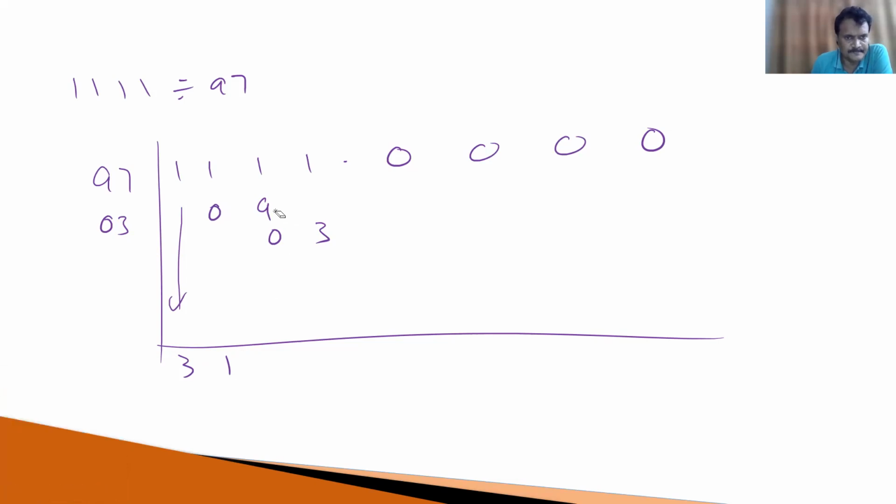Just a moment. Straight away write down 1 here. 1 into 0, 0. 1 into 3, that is equal to 3. 1 plus 3, 1 plus 0, 1. 1 into 0, 0. 1 into 3, that is equal to 3. 1 plus 3.